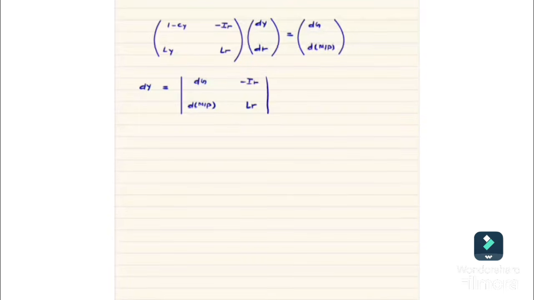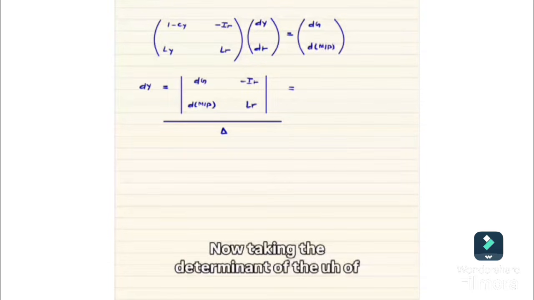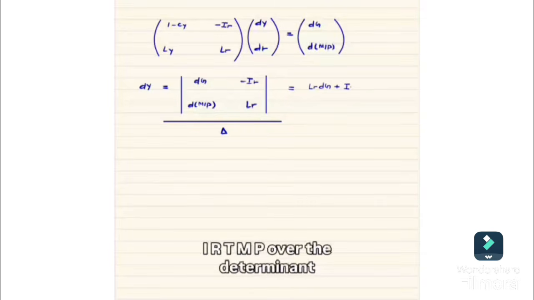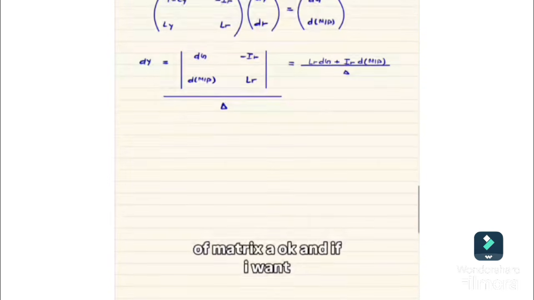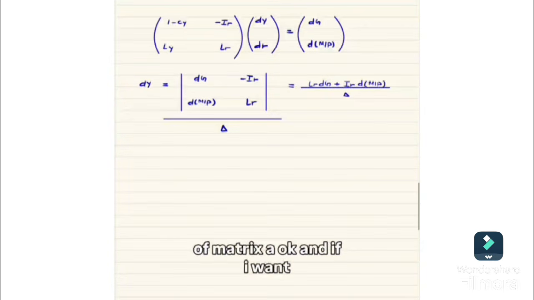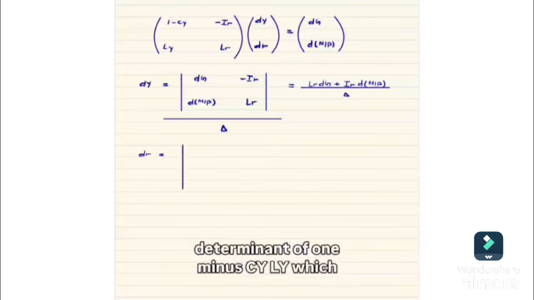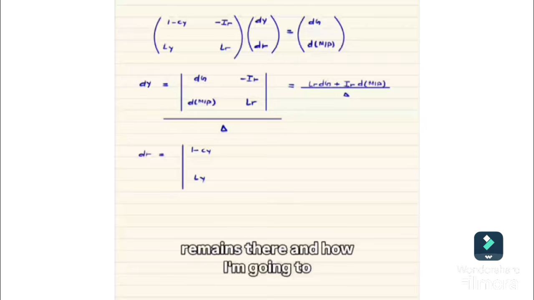Now taking the determinant of this matrix, I'm going to get LR dG plus IR dMP over the determinant of matrix A. Okay, and if I want to find dr, it's going to be the determinant of 1 minus cy, ly, which remains there, and now I'm going to replace the second column with the column b, like this.